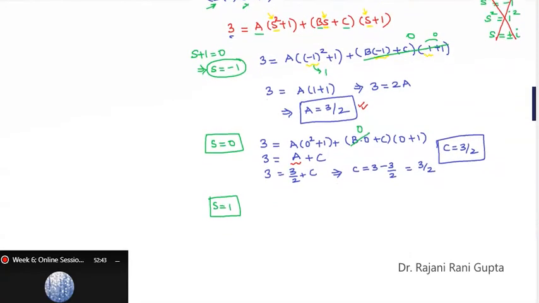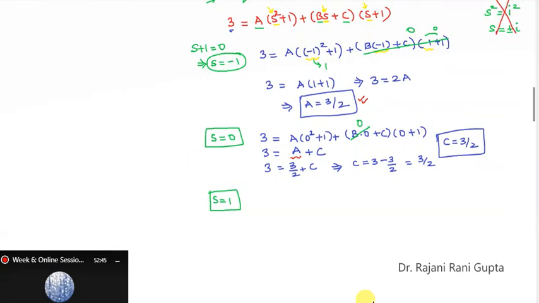Similarly, now replace s by 1 in the same equation. It gives you 3 equal a times 1 square plus 1, b times 1 plus c, 1 plus 1. So when you work on it, 1 power 2 is 1, plus 1, 2a plus b plus c times 2.